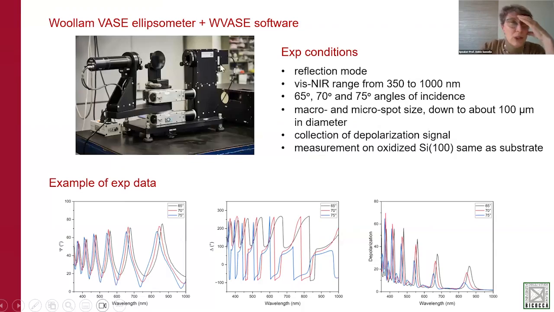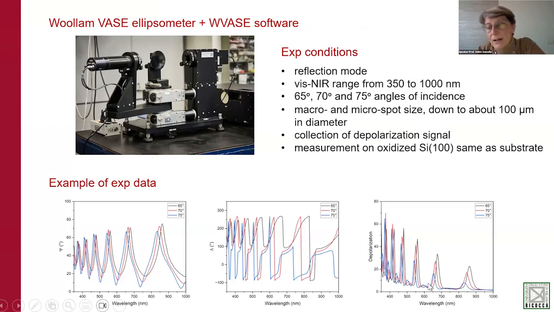This is the instrument we use, the rotating-compensator-based ellipsometer with its software, and these are the experimental conditions to get typical experimental data, which are psi and delta, as we all know, but we can also collect the depolarization signal.